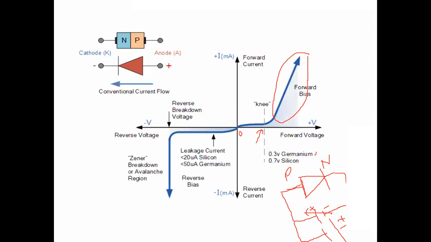That is considered reverse current or leakage current, or we can call it reverse saturation current. This reverse saturation current is in terms of microamperes, not milli, though they are giving a wrong representation.